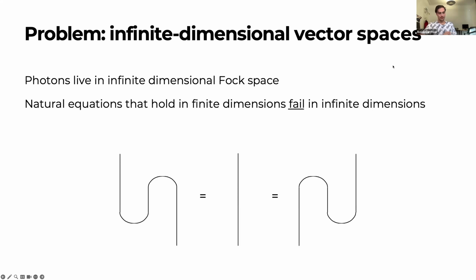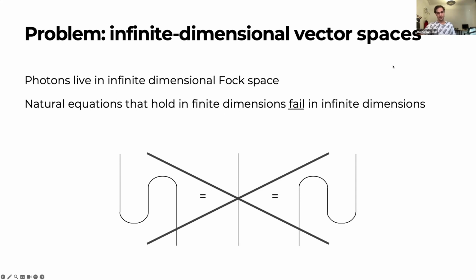It's when you have a cap and a cup, and then you can yank it, and you get the identity. But you can't even express this in the infinite case because it's just not a valid state or a valid diagram. That's the problem with the infinite dimensional case. There are just things that are not natural to reason about.